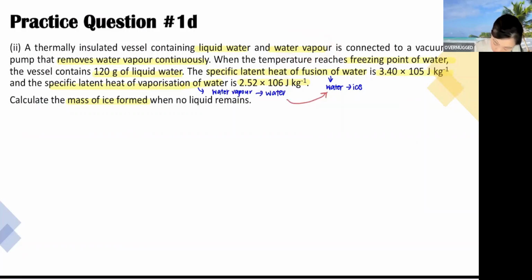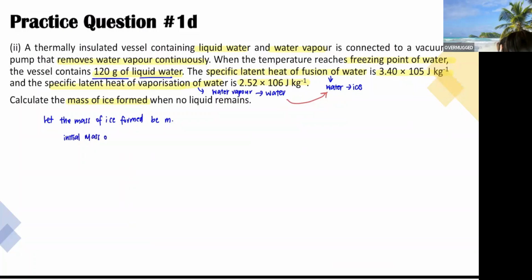Since we already understand the flow of the process, they want us to find the mass of ice formed. So we say, let the mass of ice formed be small m. Now, they said that there is 120 grams of liquid water, so we write here first the initial mass of liquid water is equal to capital M, 120 grams.